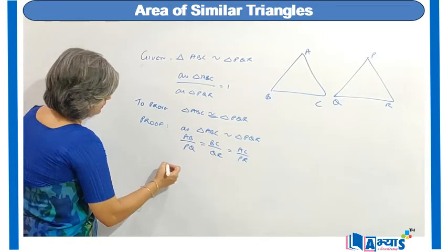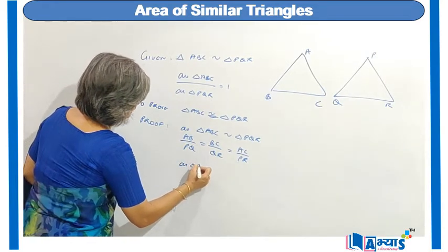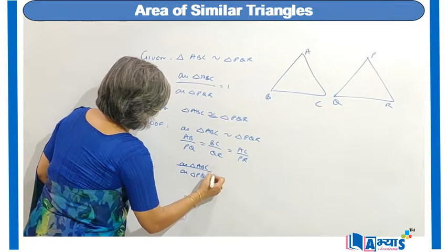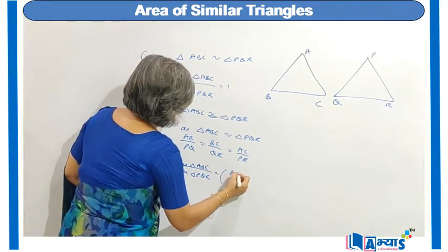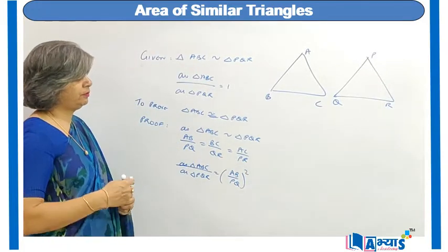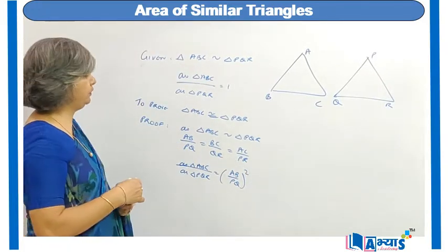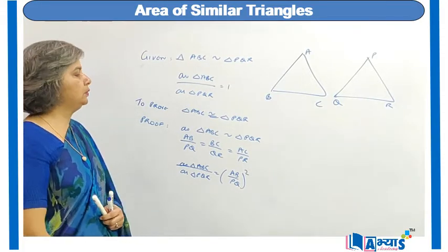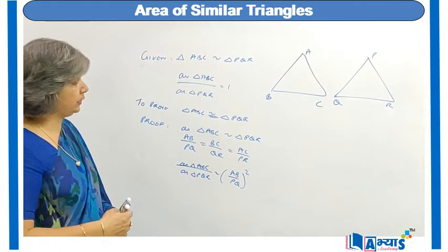And we know that area of triangle ABC upon area of triangle PQR is equal to AB upon PQ whole square. Because from the concept we know that the ratio of the area of two similar triangles is equal to the square of the ratio of their corresponding sides.